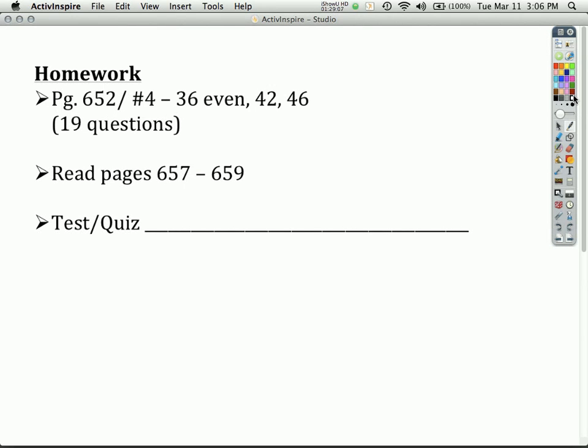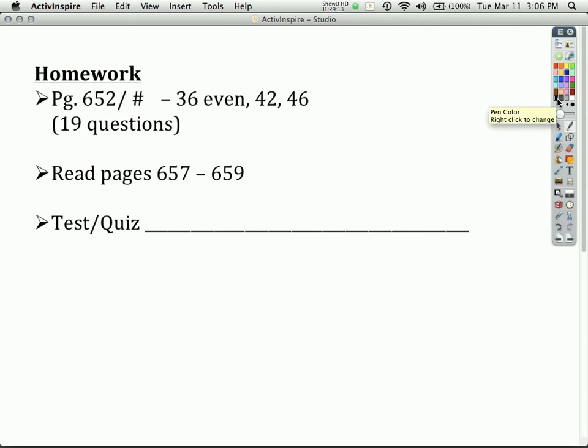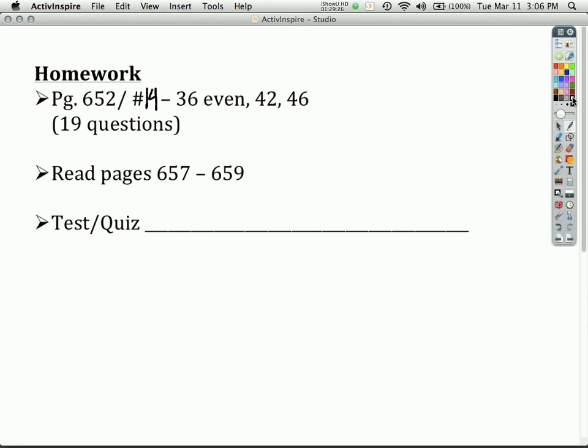So I'd like you to start not on number 4, start on number 14. So number 14 through 36 even, and I think that takes off 4, 6, 8, 10, 12. That takes off 5 questions, so that will be 14 questions instead. So please change that to a 14.